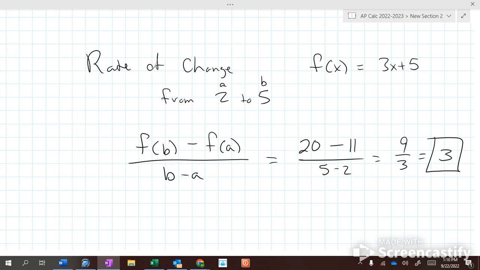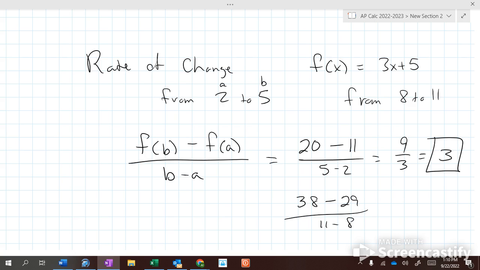The average rate of change is 3. What do you think the average rate of change will be for the same function from 8 to 11? Let's see. 3 times 11 plus 5 is 38. 3 times 8 plus 5 is 29.